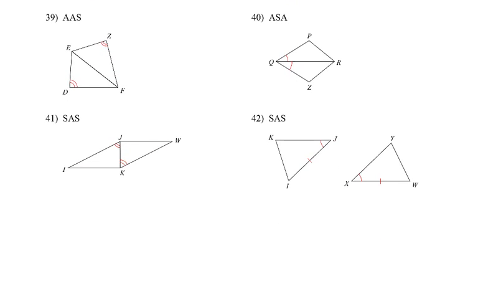Okay, 39, another angle side. So we've got the side here, and an angle here. It's kind of like that last one we did this way. So it's either this angle with this angle, or this with this.